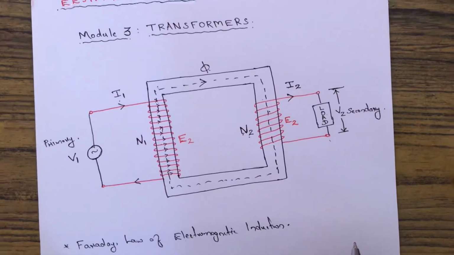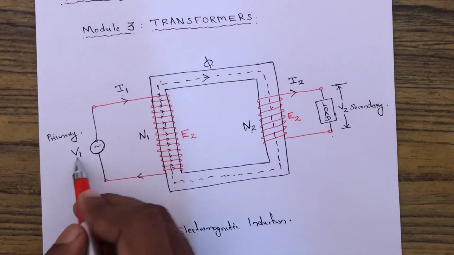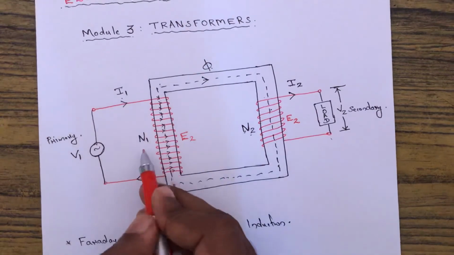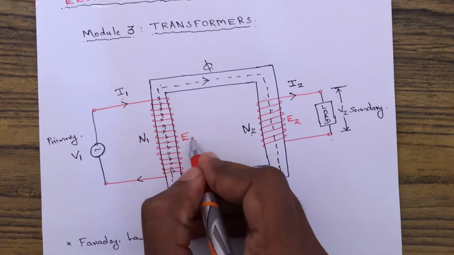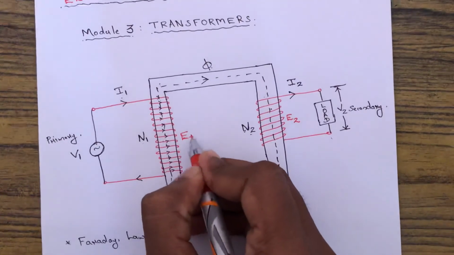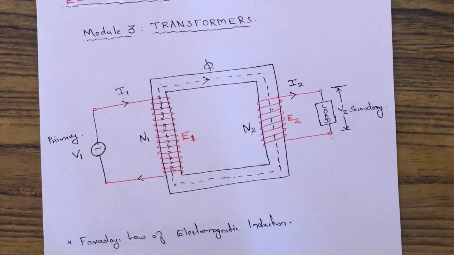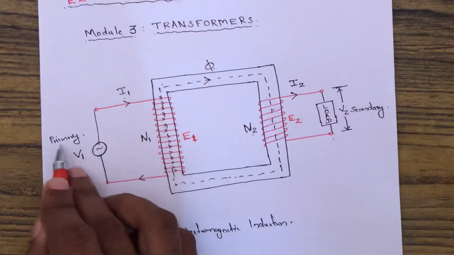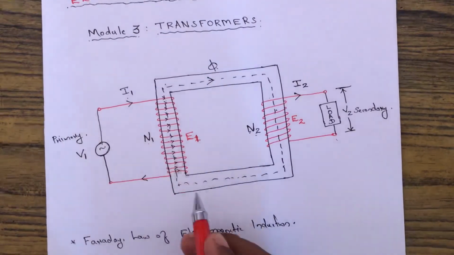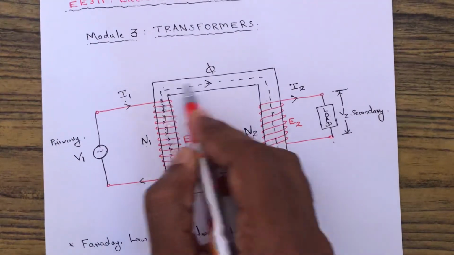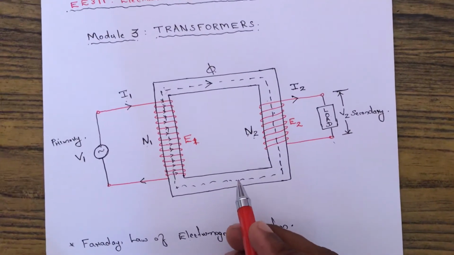So V1 is the primary voltage, I1 is the primary current, N1 is the number of turns in the primary, and E1 is the primary induced EMF. These are all on the primary side: V1, N1, I1 and E1. The flux phi is the common flux produced in the iron core.